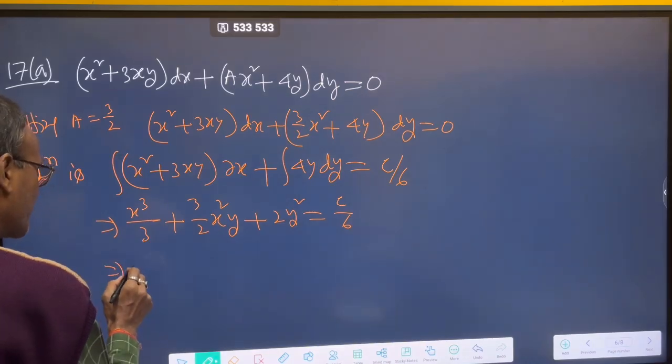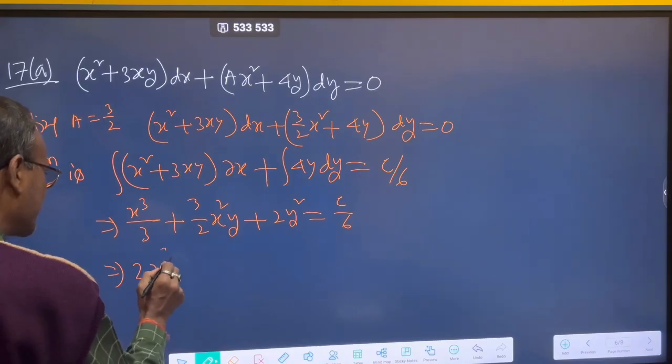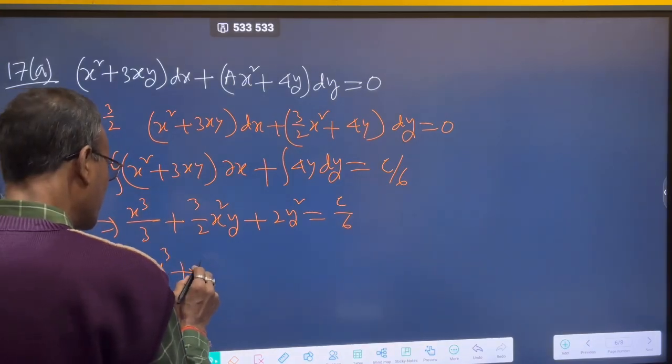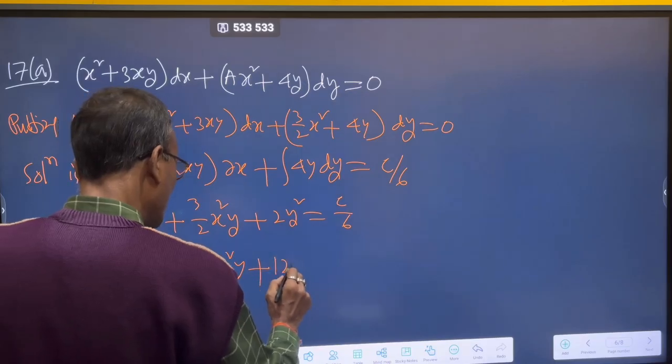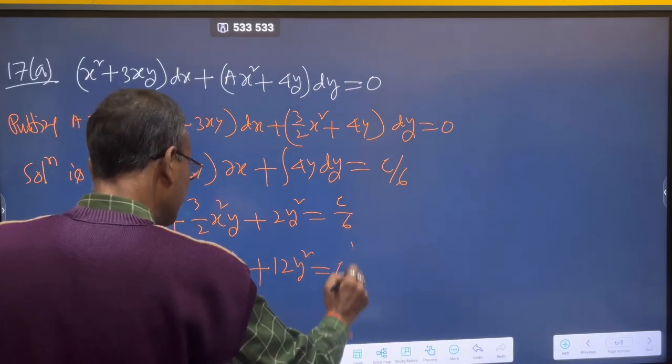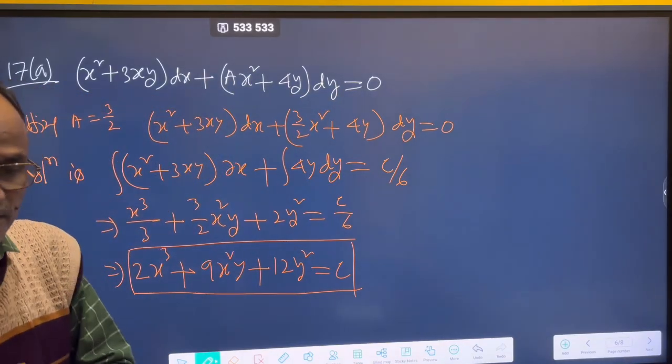Multiply both sides by 6: 2x cube plus 9x square y plus 12y square equal to c. This is the solution of the given differential equation 17a.